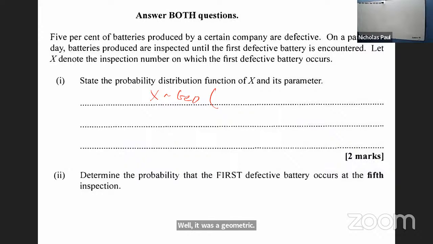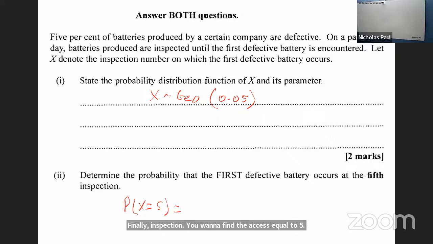What's the probability of getting a defective? 5%. Then they want you to find the probability that the first defective battery occurs at the fifth inspection. So you want to find the probability of X equal to 5.